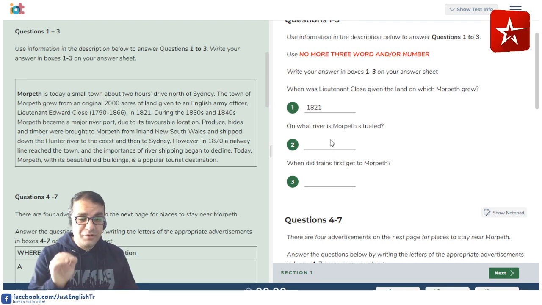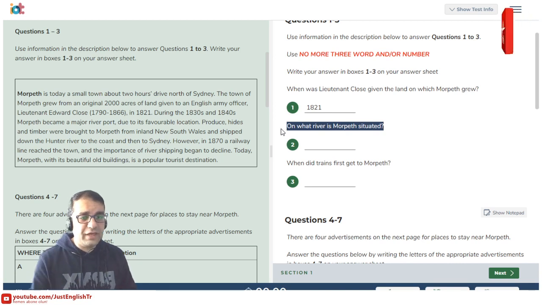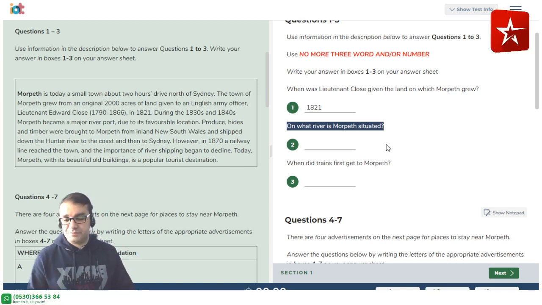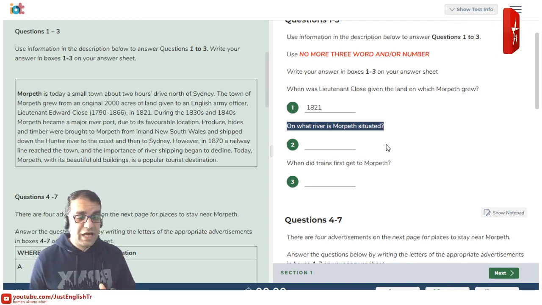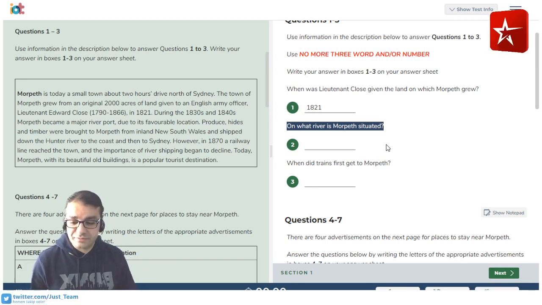Okay. Now the second question uses the same technique. Where is the keyword of the question? First, we will find the keyword. Yes, Dylan, correct. After we find the keywords, we will go back to the paragraph above me, and we will find the answers.